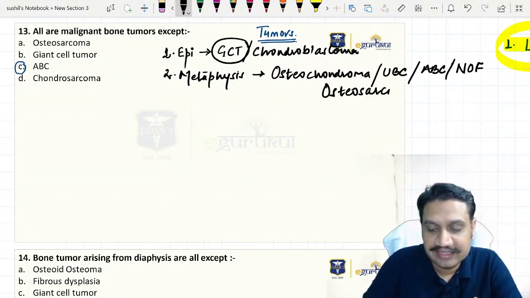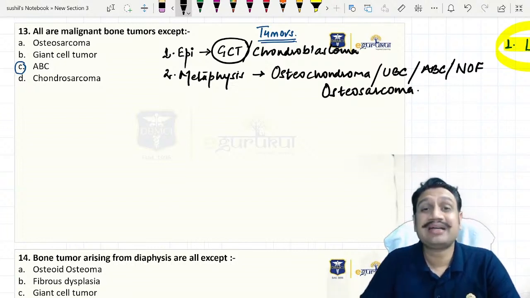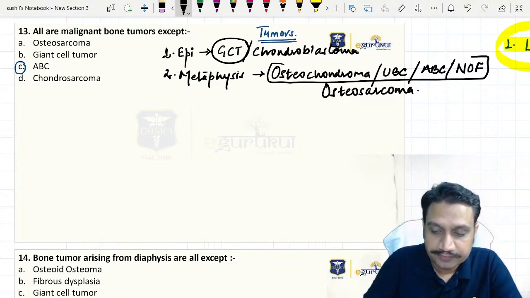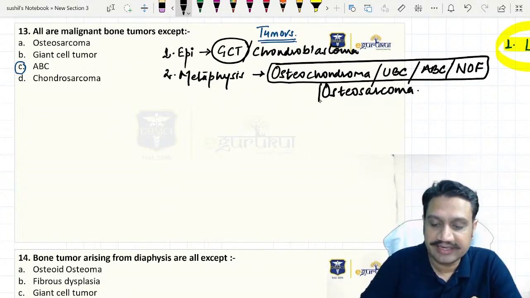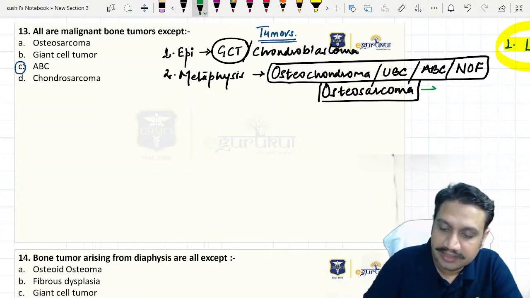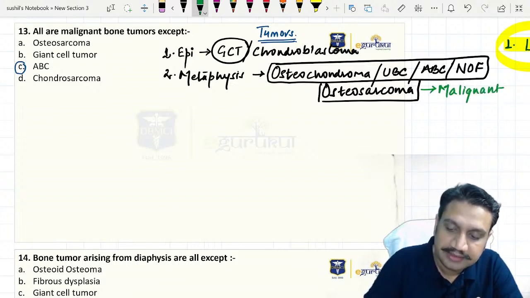If you get a lesion in your exam which is metaphyseal and benign, the answer will be from these four. If you get a lesion which is malignant, the answer will be osteosarcoma. Osteosarcoma is malignant, and these other four are benign.